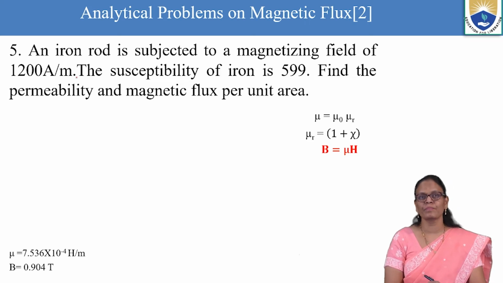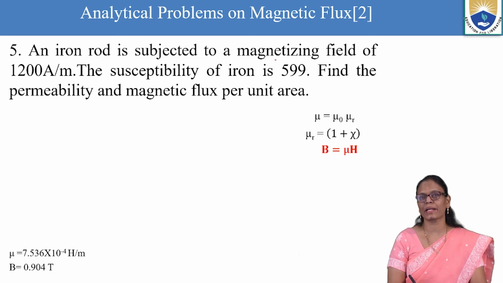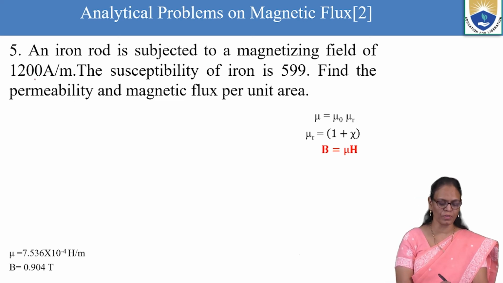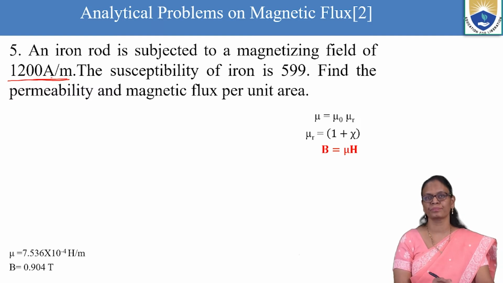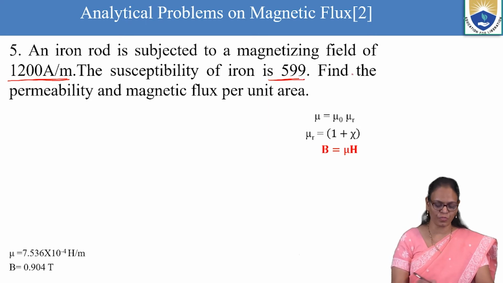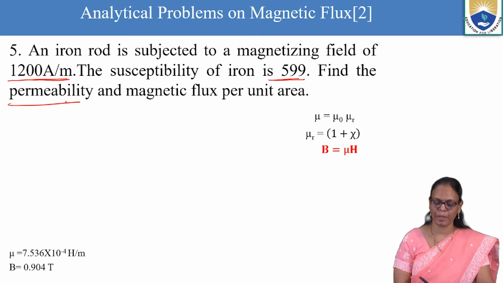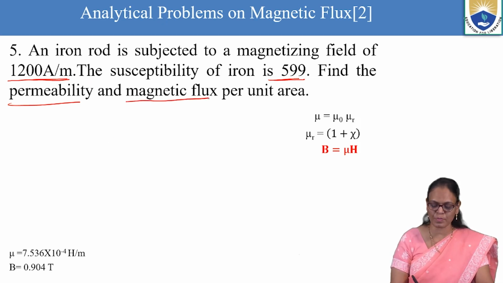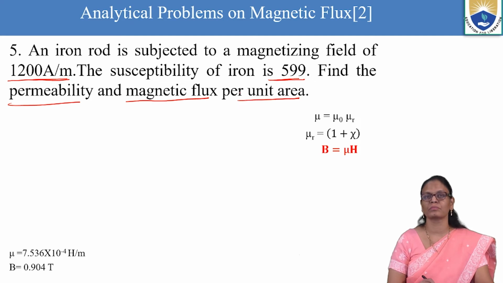Now the next one: an iron rod is subjected to a magnetizing field of 1200 ampere per meter and the susceptibility of iron is 599. We have to find the permeability and also the magnetic flux per unit area.